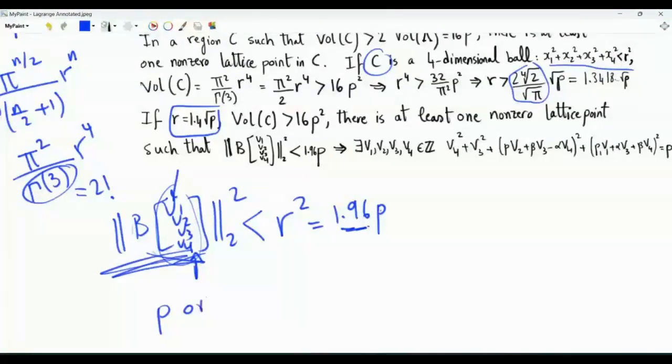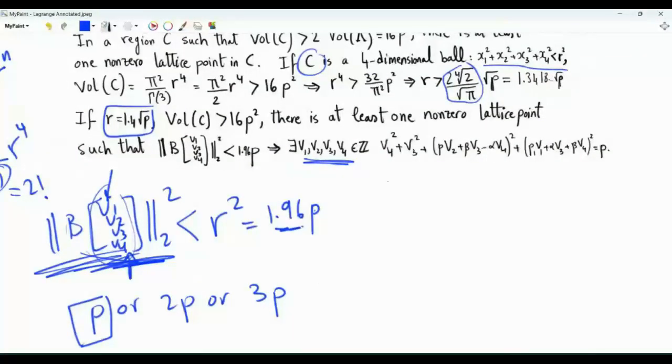But this is p or 2p or 3p and so on. So the only possibility is that this L2 norm squared is exactly equal to p. There exist those 4 integers. They cannot all be 0 at the same time, such that the L2 norm squared, and what is the L2 norm squared? It's the sum of 4 squares, and this is equal to p. So indeed, the prime number p can be represented as the sum of 4 squares.